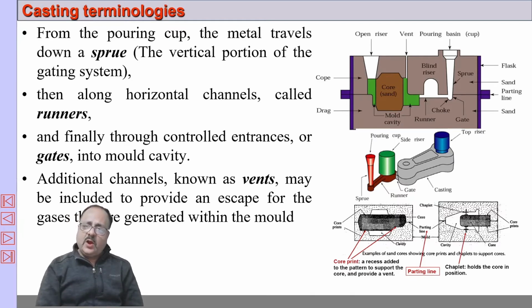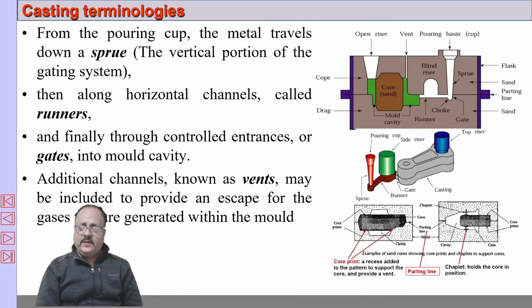The hot gases of the molten metal and the steam that is created should have passages to escape. Otherwise, it will be absorbed in the casting, and different types of defects are created by these absorbed gases.